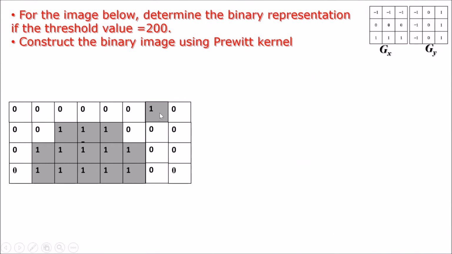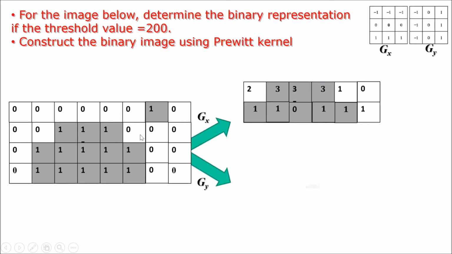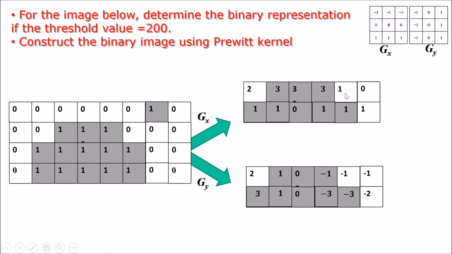Based on the constructed binary image, the response in the x and y direction can be seen on the screen. One thing that you will notice is that the dimension of the output image, once you apply the kernel, will become smaller.